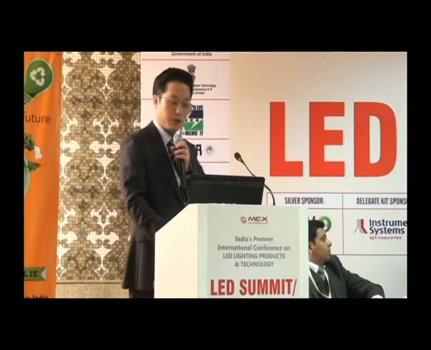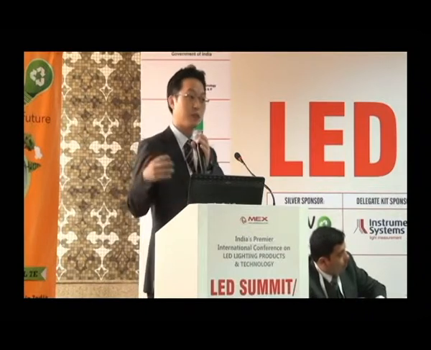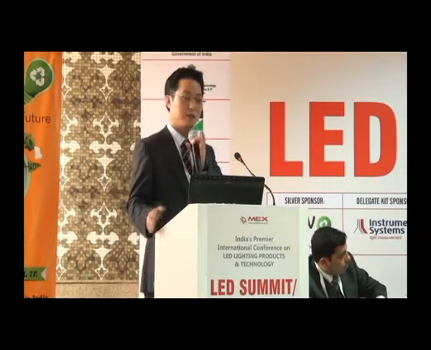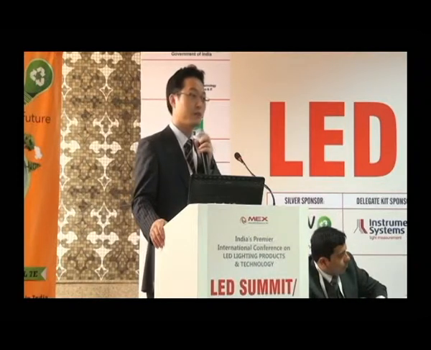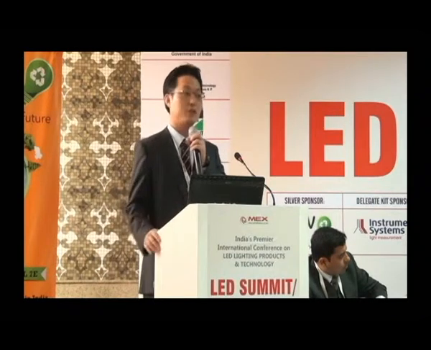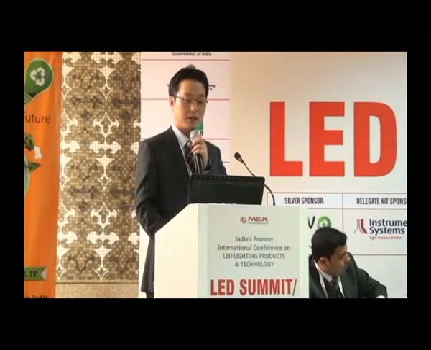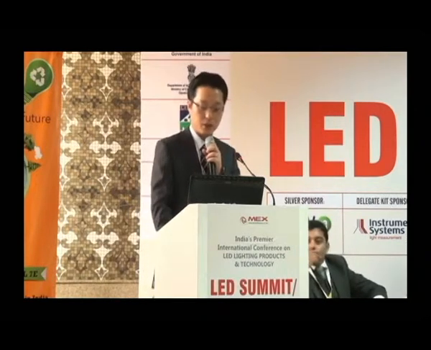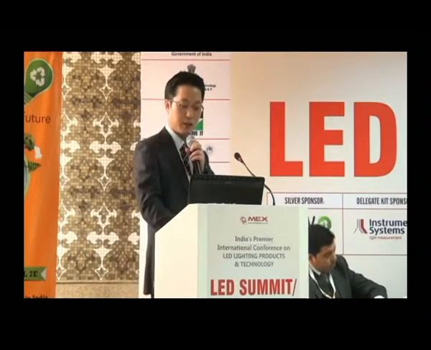And nowadays some customers have already moved to the next generation. They think, okay, why do we need LED packages to make LED lighting? They would like to remove the LED package to make LED light. So in that case, coating and high reflectivity are needed.